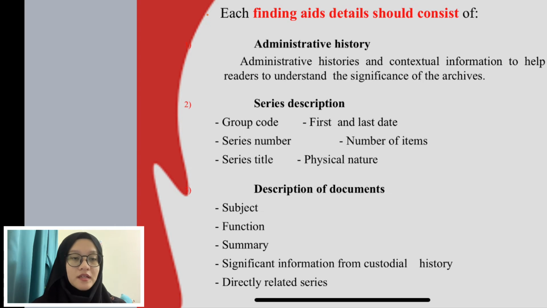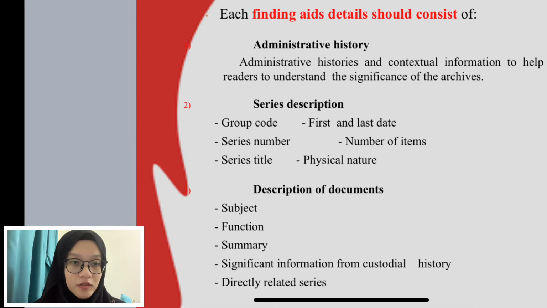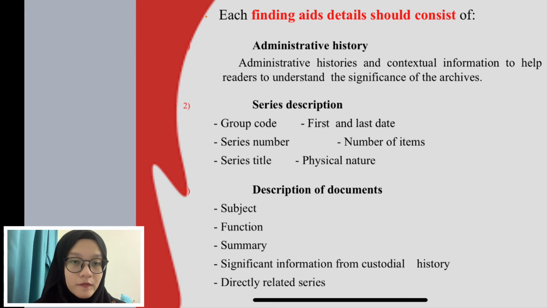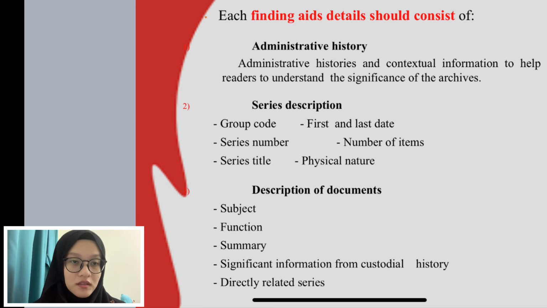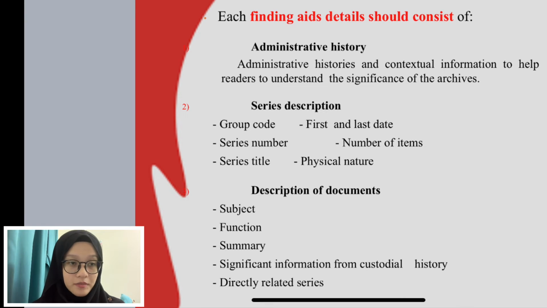So each finding aid should consist of administrative history and contextual information. Administrative histories and contextual information help readers to understand the significance of the archive. The next one is the series description.